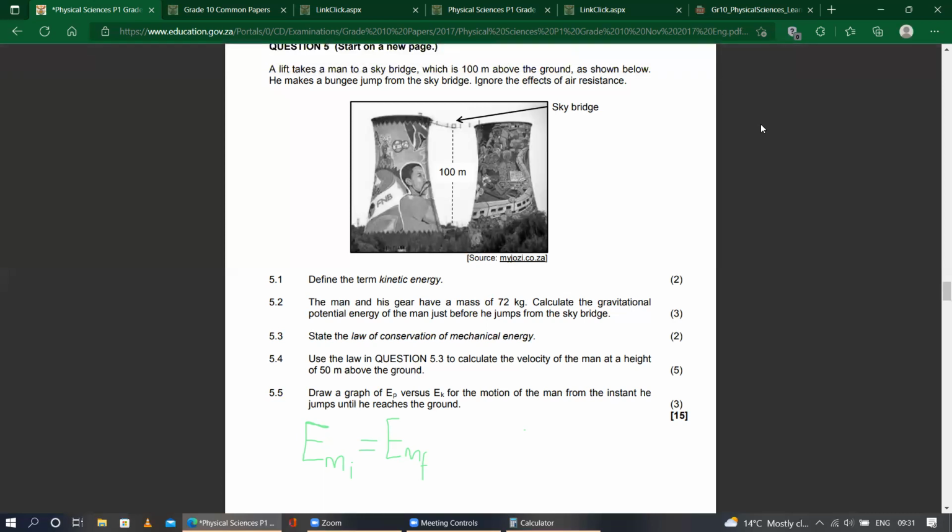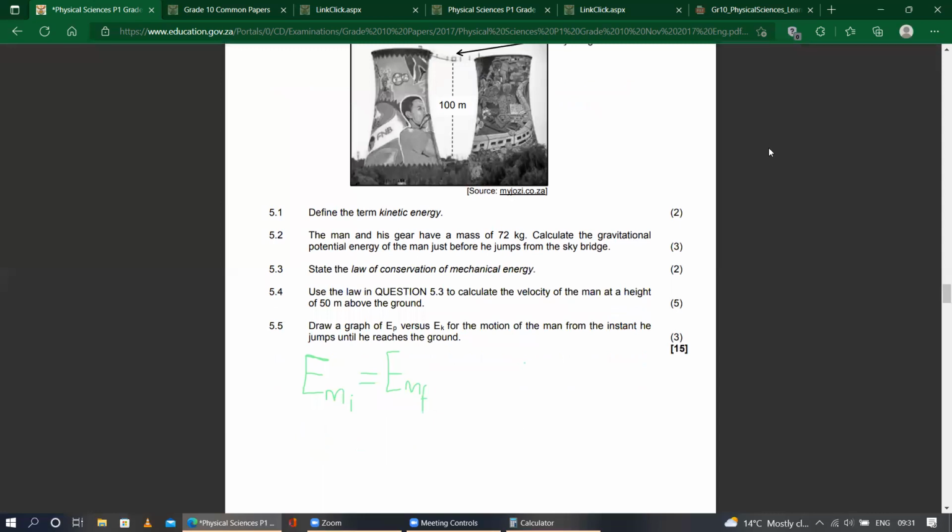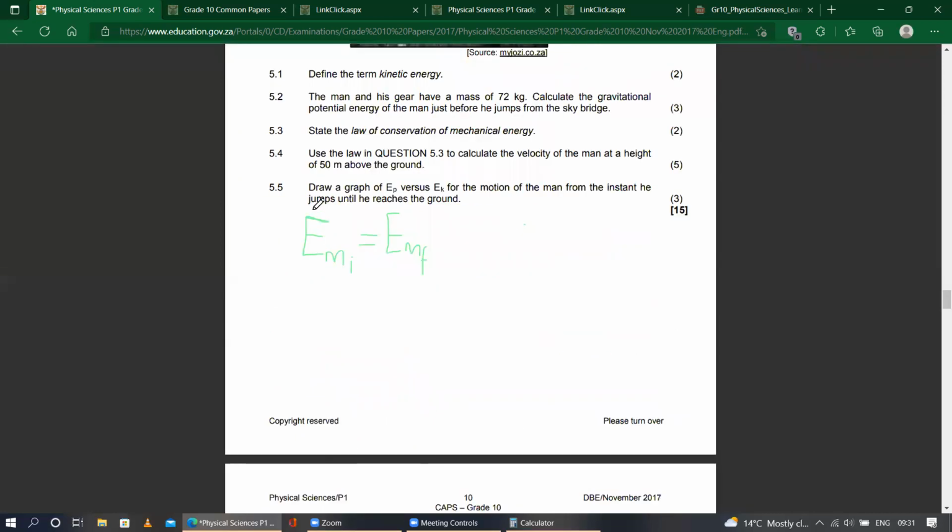Let's say the first thing we do is note all the initial conditions, right? So all the initial conditions, we're going to use them here. Our mass doesn't change, so there's no need to write the initial and final mass.